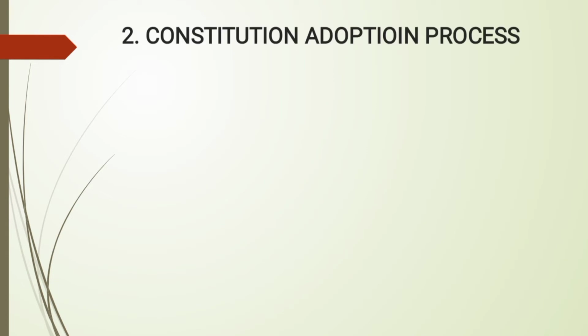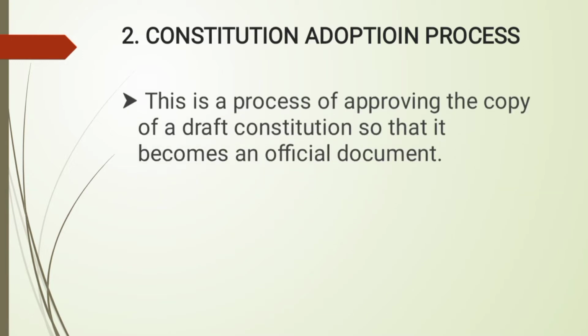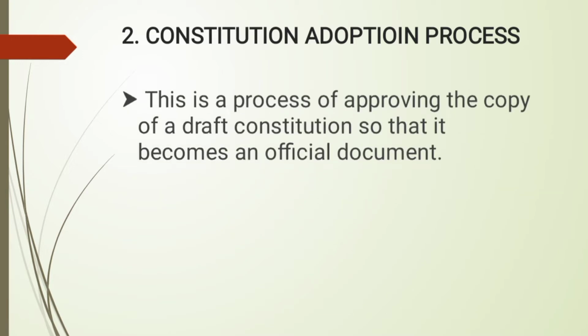Constitution adoption process. This is a process of approving the copy of a draft constitution so that it becomes an official document. Remember, I said during the constitution making process using a constitutional review commission, the president appoints that using the Inquiries Act.